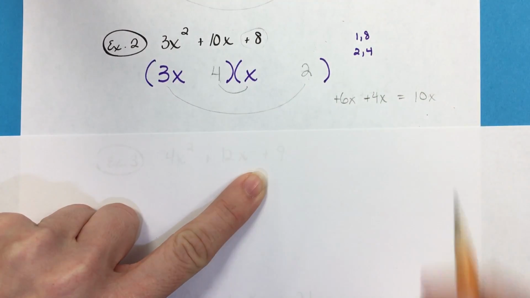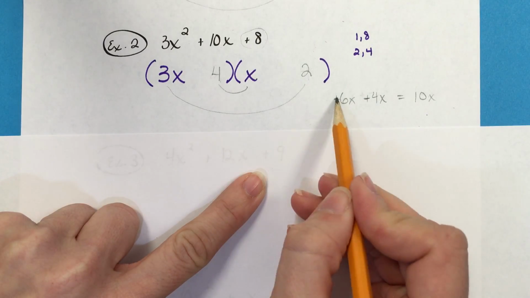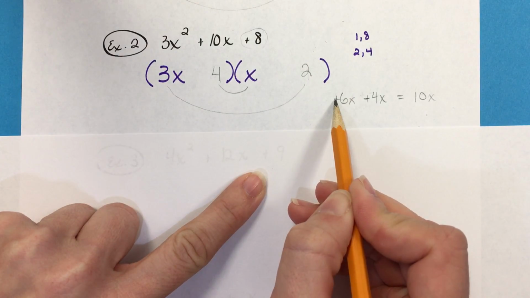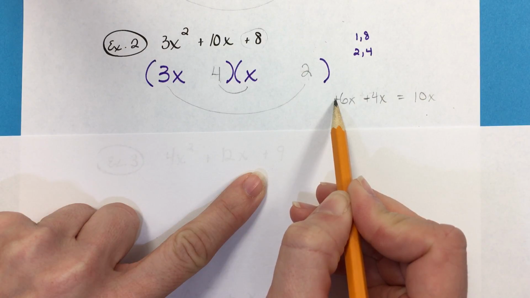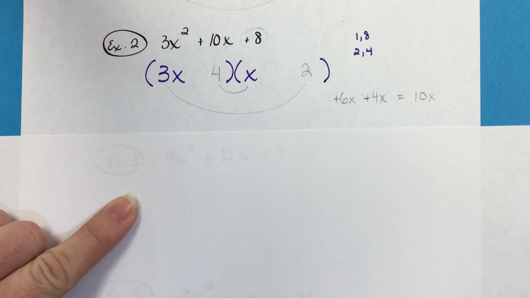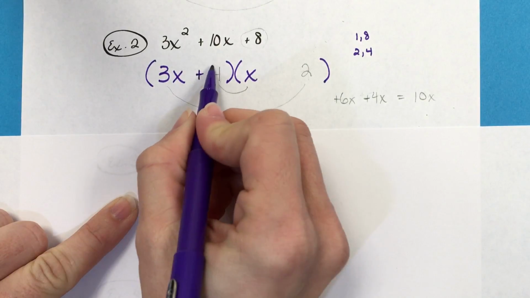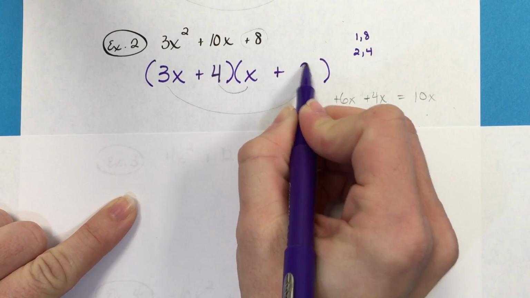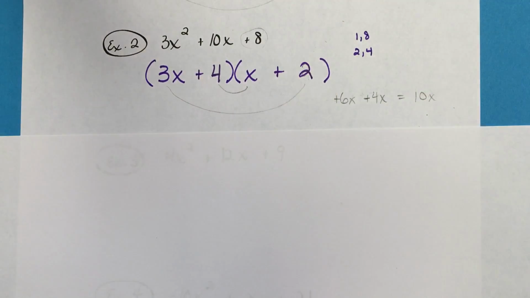I mean, if you have a positive 6 and a positive 4, and you add them, you do get a positive 10. And of course, this right here is what you have to have because of needing like signs. So this is the correct combination. They both need to be positive. So you can come back in and fill that in as being your answer.